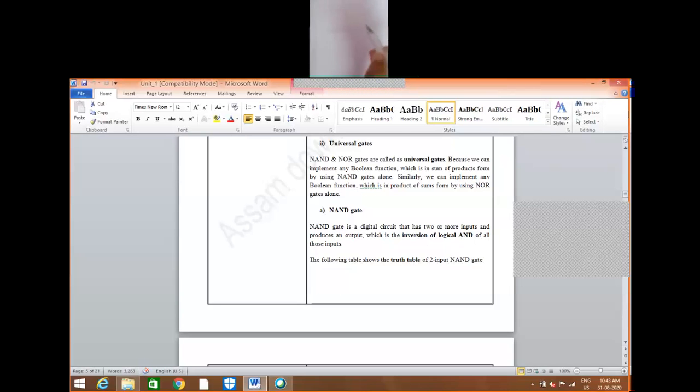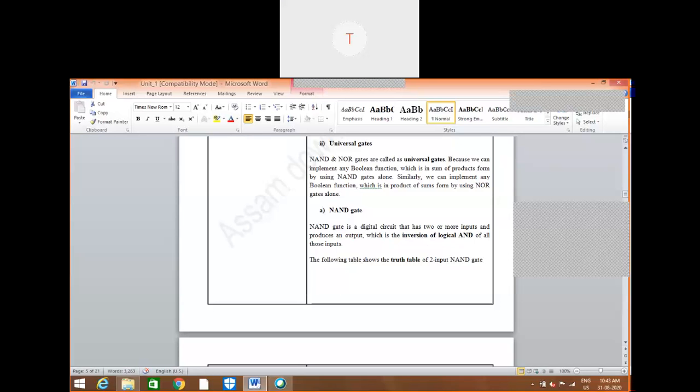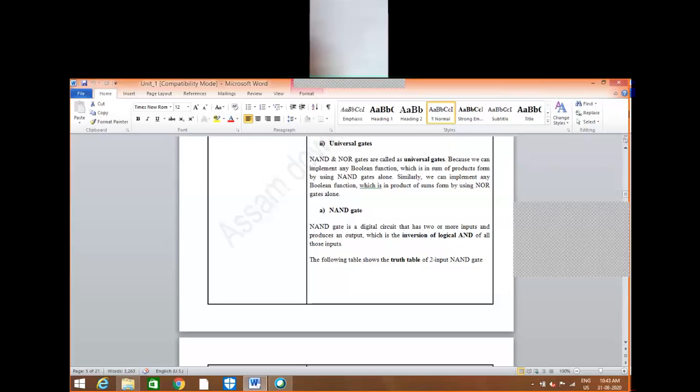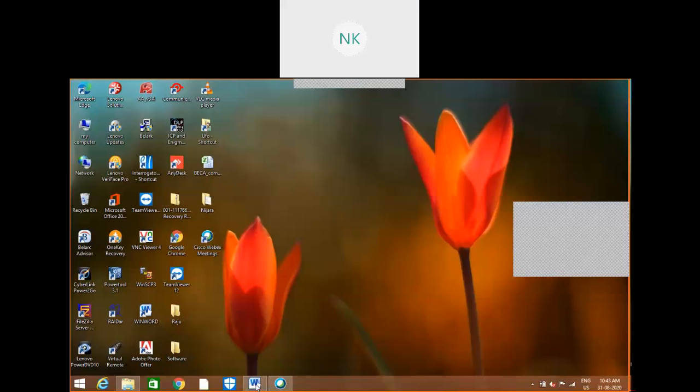I'm using a pen and paper that I'm going to write on. One page paper.